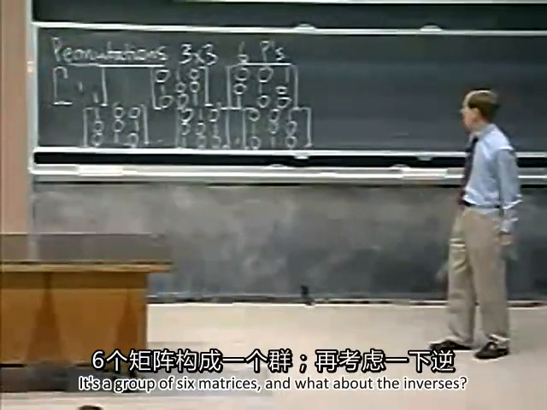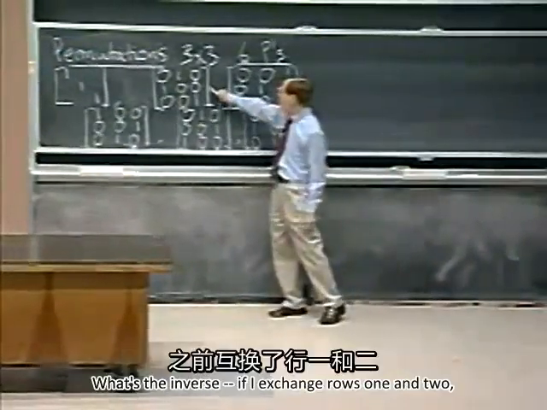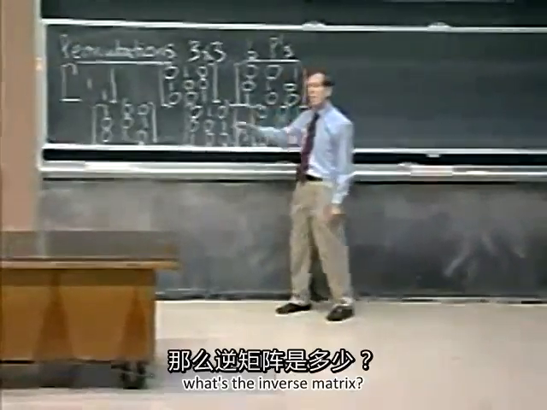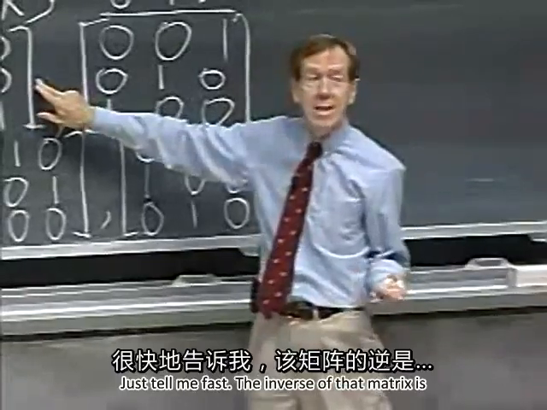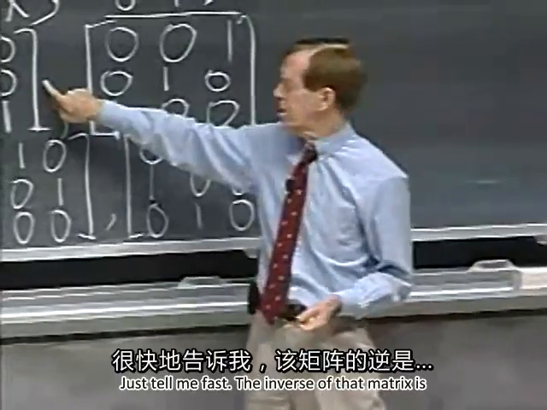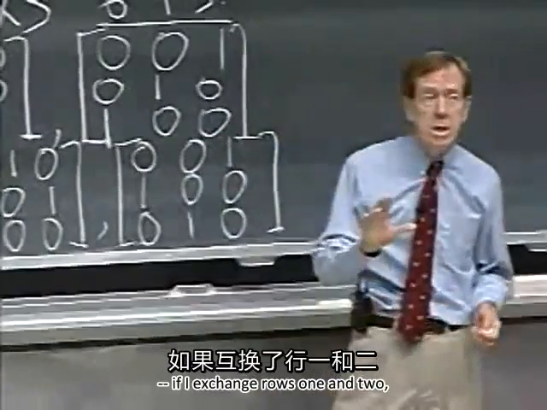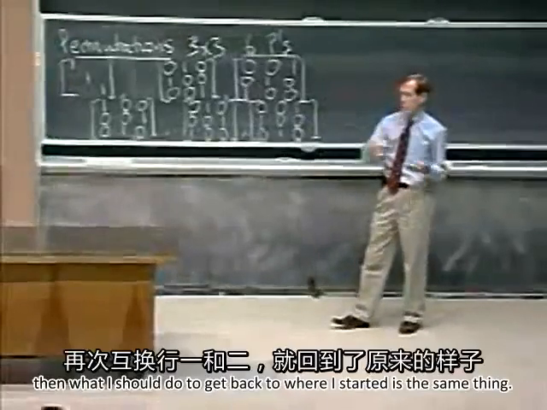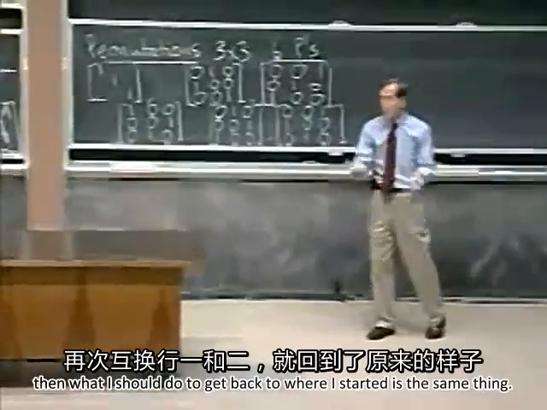And what about the inverses? What's the inverse of this guy, for example? What's the inverse? If I exchange rows 1 and 2, what's the inverse matrix? Just tell me fast. If I exchange rows 1 and 2, then what I should do to get back to where I started is the same thing.